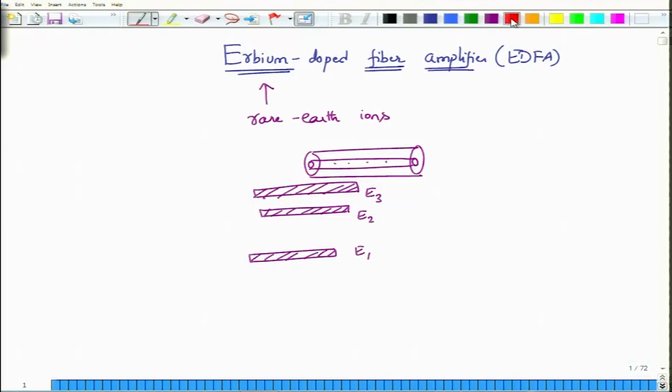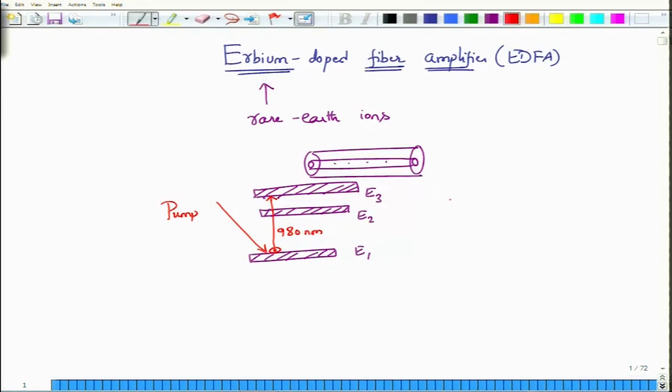Okay. And the rest of the process is kind of simple, you know this one already. You do not need a cavity here because you are not making a laser, therefore that requirement is gone. So what you need of course is a pump. Since there are 3 levels, what are the energy gaps between these, and what is the wavelength at which we need to pump? That is the question. If you are using a pump which will take ions in the state E1 to the state E3, then you need a pump of 980 nanometer wavelength.